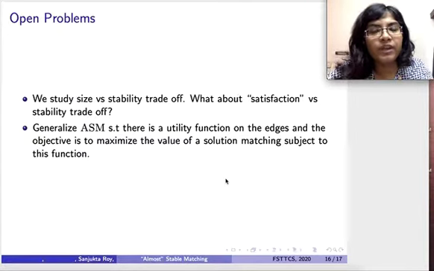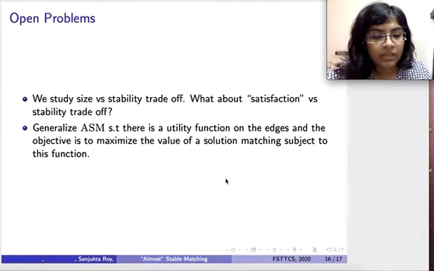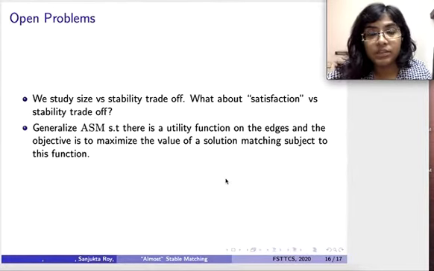So instead of having an ordered ranking, you have a utility function for each of the agents, and now you want to maximize the total utility, the sum of utilities, in your matching, and for that you are ready to sacrifice its stability. So these are the two immediate open questions that could be looked at from here, and that's all.